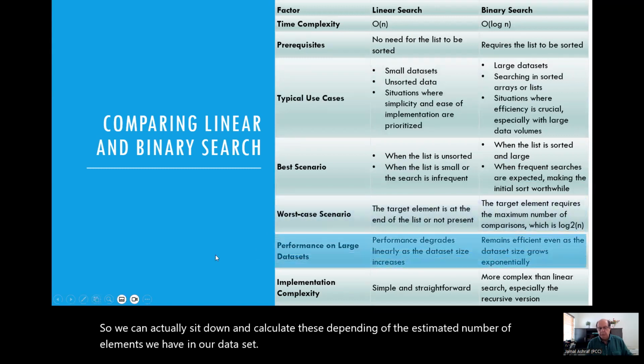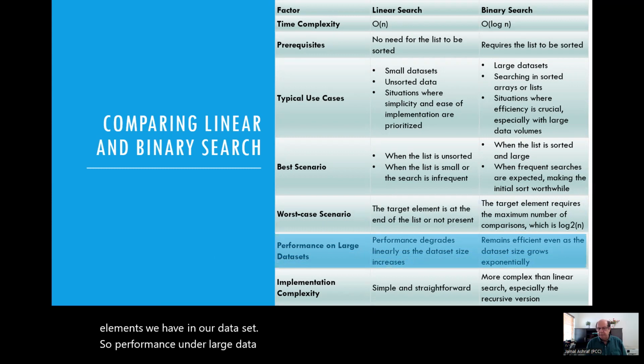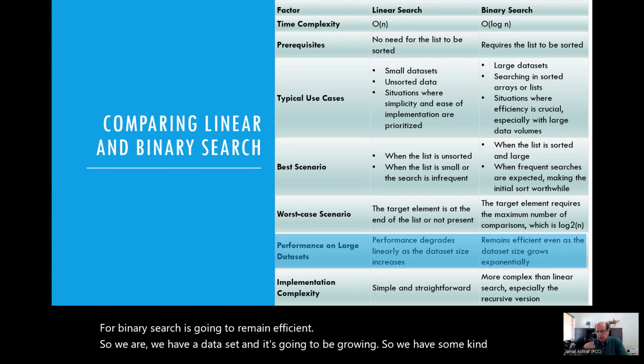So, performance on a large data set. For linear search, basically, it's not going to be very good. For binary search, it's going to remain efficient. So we have a data set and it's going to keep growing.